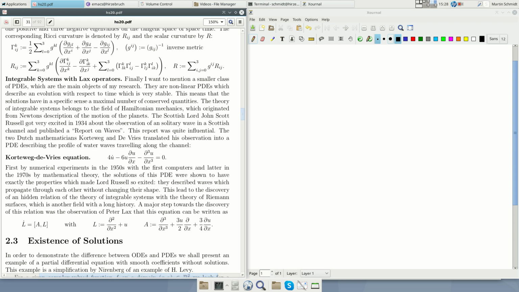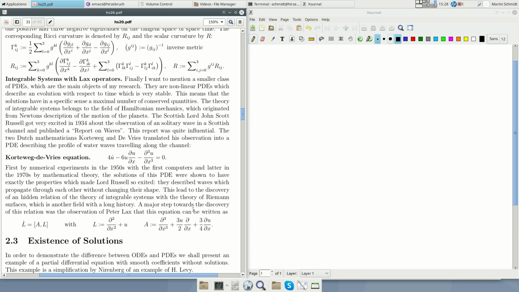They have many preserved quantities, and this leads then to this hidden relation between integrable systems and Riemann surfaces. I cannot explain this here, but a major step towards this discovery was an observation of Peter Lax. For this reason now they are called Lax operators.